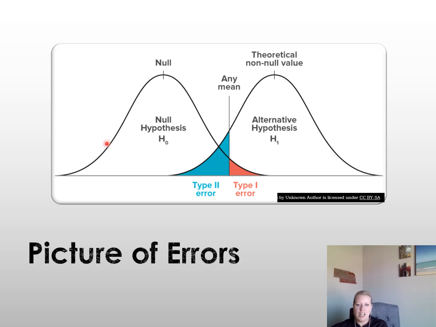Okay, so this is just kind of showing how your null hypothesis and your alternative hypothesis, your actual hypothesis, coincide, and how this little piece here is what says, yes, there is a significant difference between this and that.